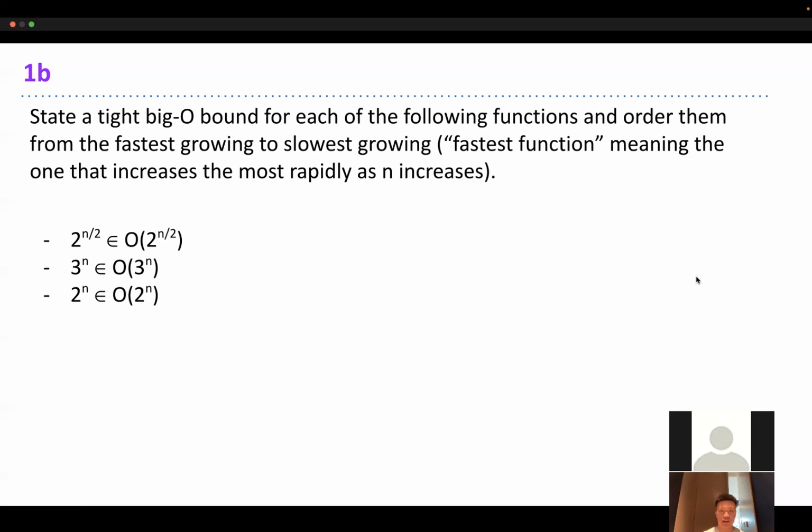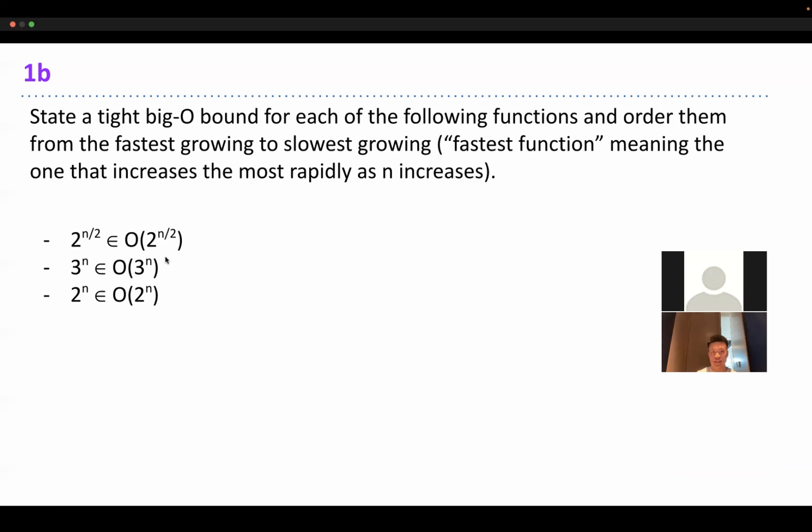All right, any questions on that? Which of these is the fastest in terms of runtime? Any ideas? Which one is the fastest in terms of runtime?